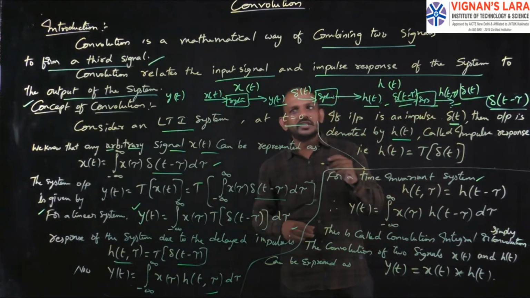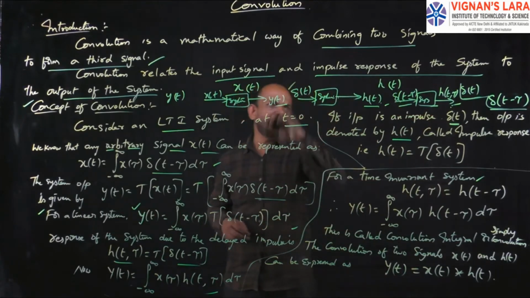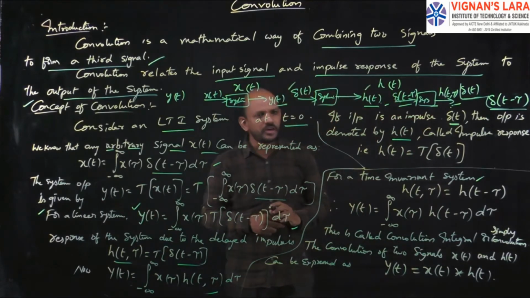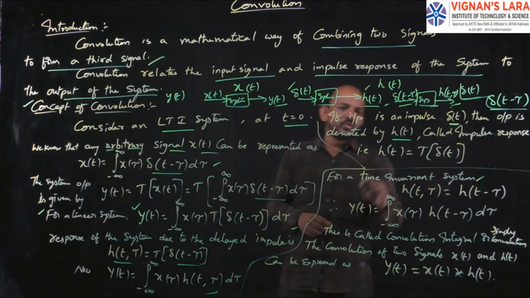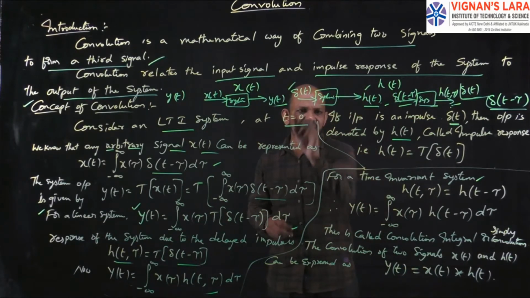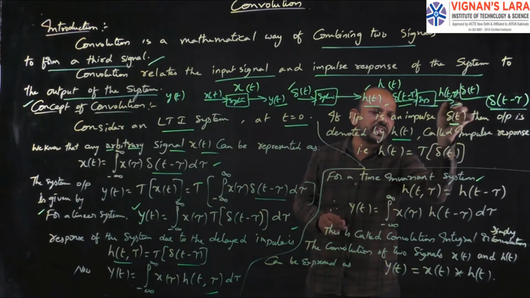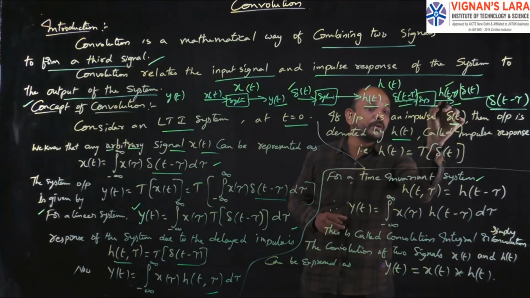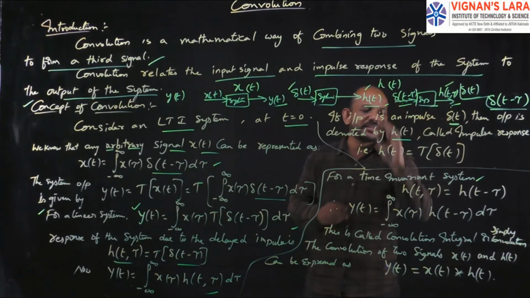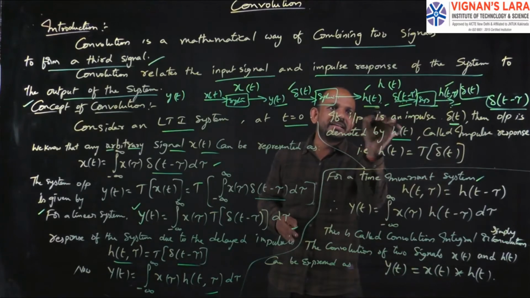In general, if the input is delta of t, then the output is h of t. So the impulse is delayed by tau seconds, written as delta of t minus tau, and the output produced by the system I have considered as h of t comma tau. Now the output due to the delayed impulse is the same as the delayed output.